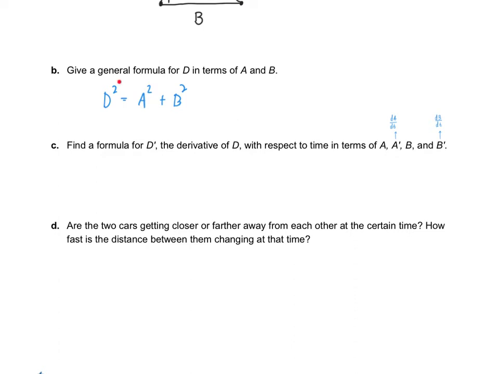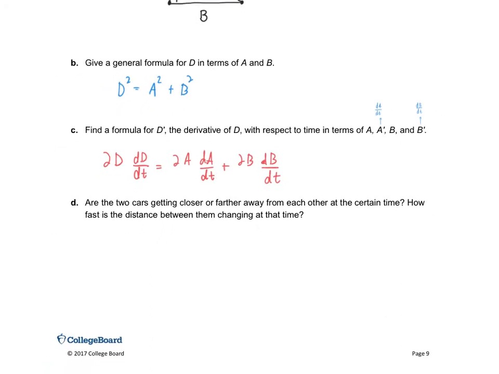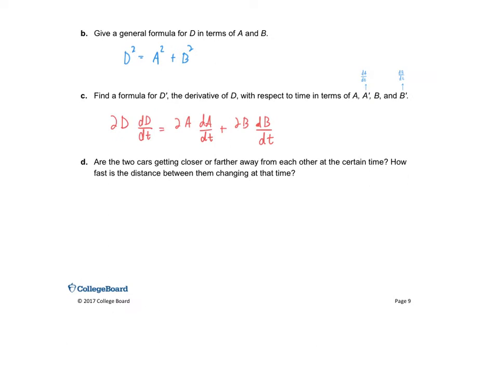So the derivative of this, using the power rule, will be 2D, and then the derivative of the inside with respect to time, you'll write dD/dt. That's going to be the same thing for all of these: 2A dA/dt, and 2B dB/dt. Notice we could cancel all those 2's out.